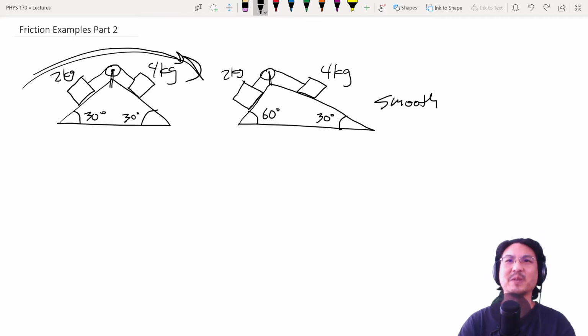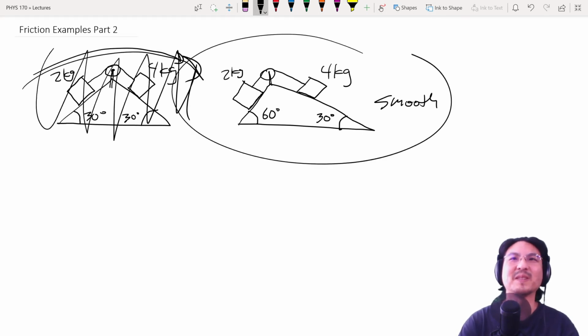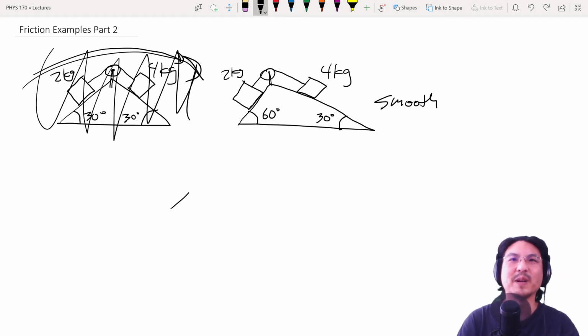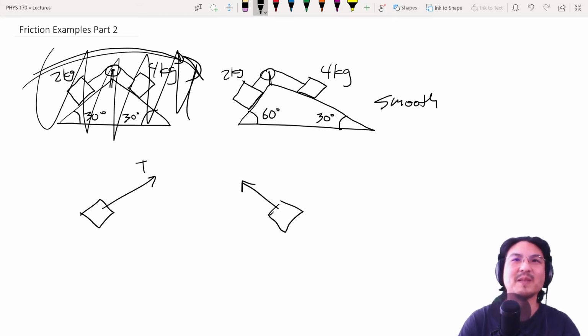Okay, so how should we do that? Ignore this one, and let's focus on this picture. Let's draw the two free body diagrams. Let's make more space over here. Okay, we got the two. There's this rope connecting them, I'll just say T for tension. This one has weight, I'll call it weight 1.